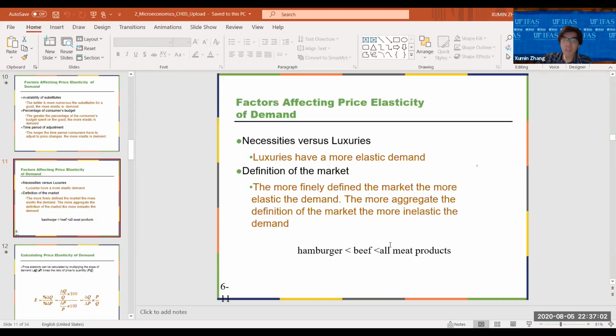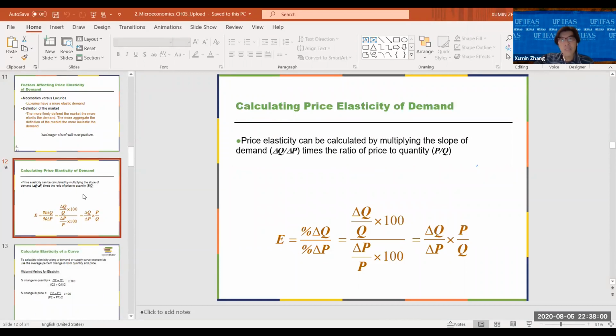But if it is a broader concept, like food, versus something specific like a hamburger, right? If we're talking about all meat products, it becomes inelastic. Talk about the hamburger or sausage, it becomes very elastic. I can switch my purchase to another substitute.